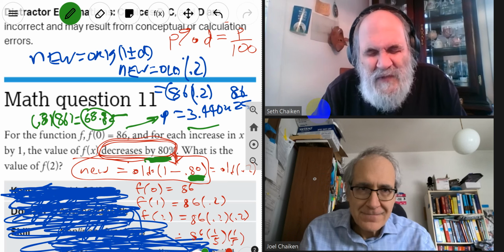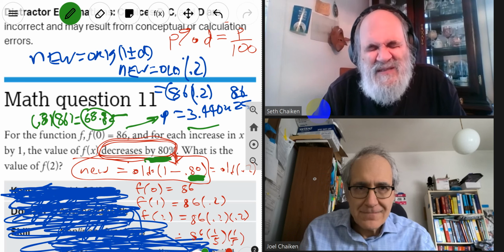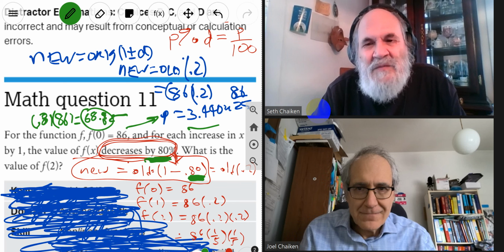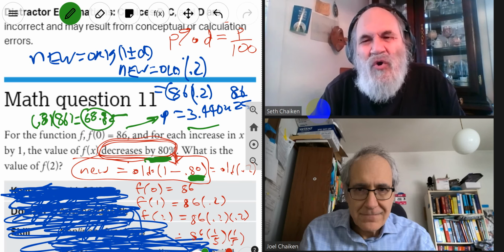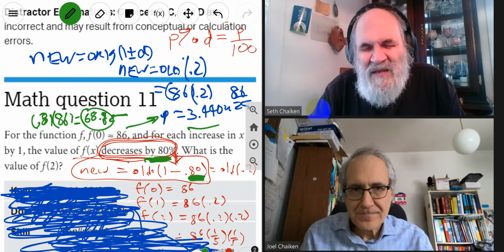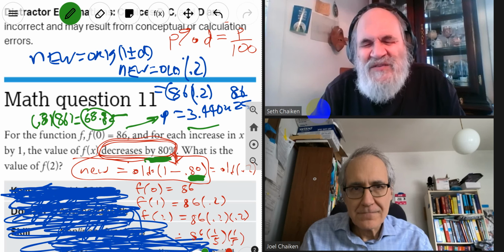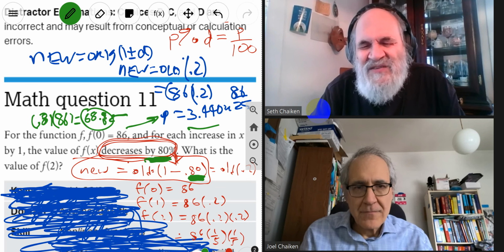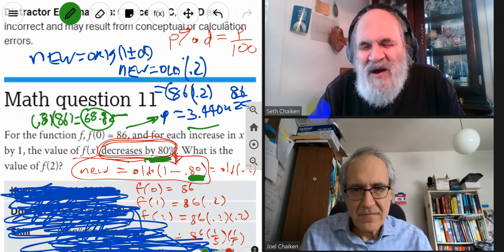Decrease by 80% means that 80% is subtracted off. It does not mean that the quantity gets changed by multiplying it by 80%, which is multiplying it by 8/10.